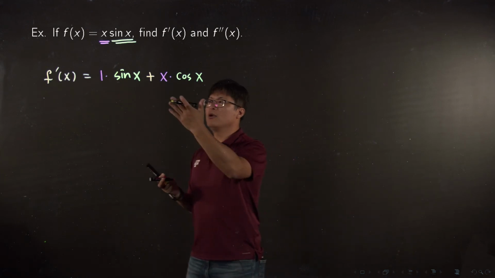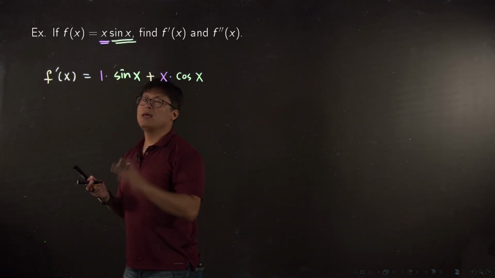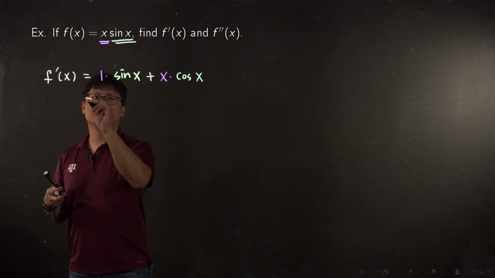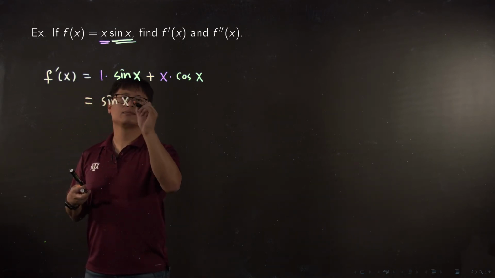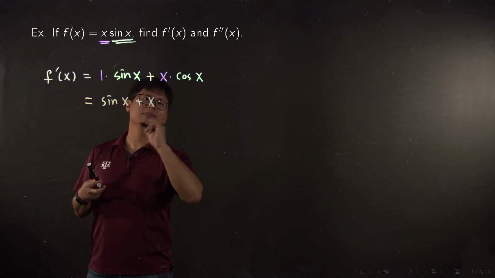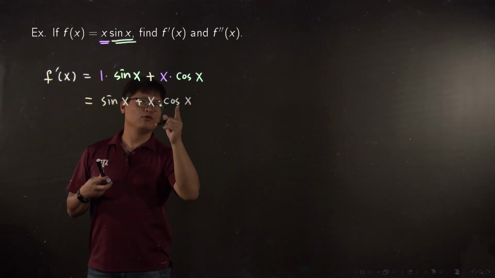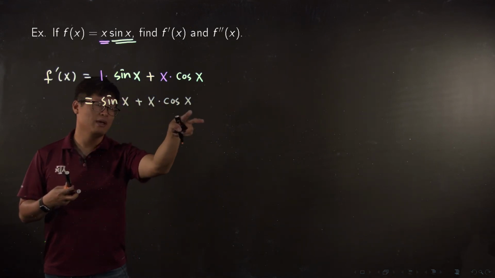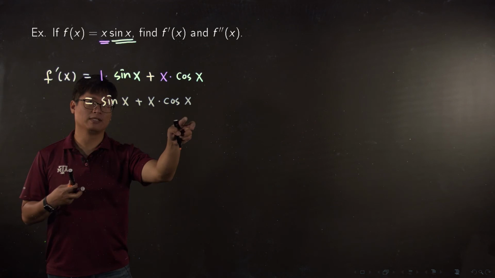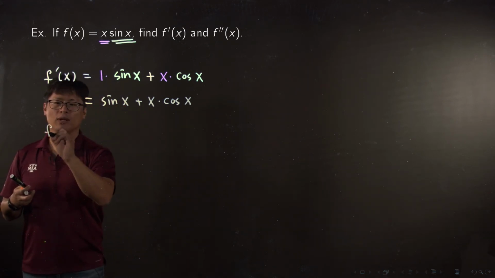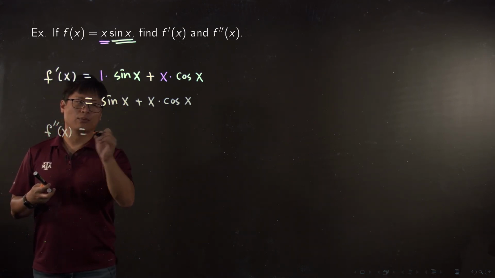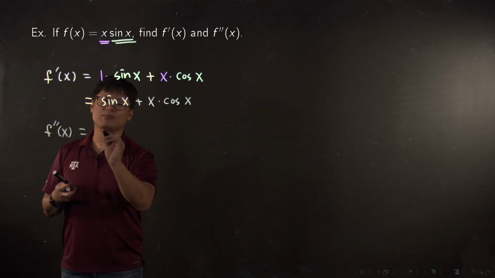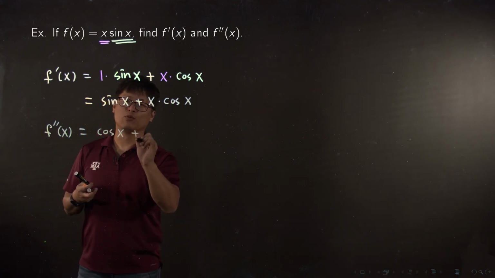For finding f double prime, it might be better to simplify a little. Simply rewrite: that is equal to sine x plus x times cosine x. Do you know why I emphasize this times? Because the second term is another product form. So when you work on f double prime, you have to be careful with this. But the first term is fine, because sine x prime is simply cosine x. That's it. We are done with the first term.